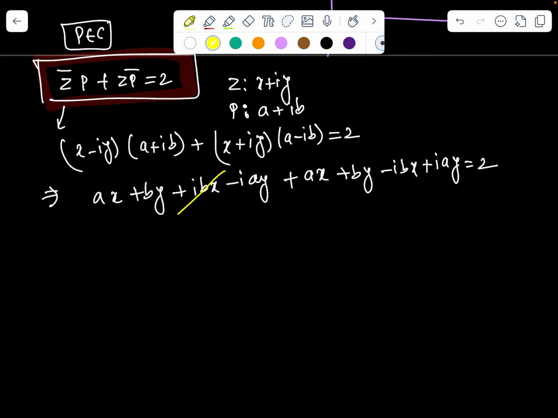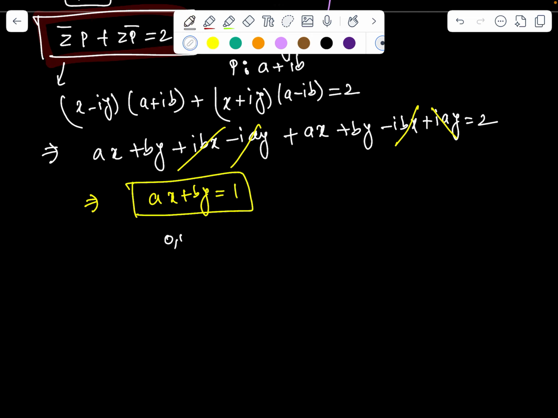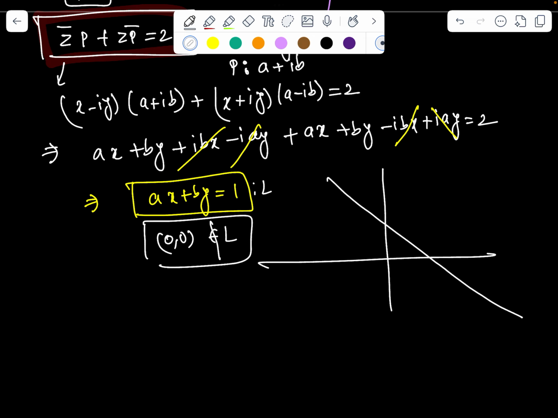And successfully we can cancel all these terms, so we are left with all real terms. 2(ax plus by) equals c, so that will give a line. So clearly it's a line, and (0, 0) does not belong to this line, right? So it's a line not passing through the origin, and depending upon the values of a and b, it can represent any line. So this is the equation of a line in the complex plane.